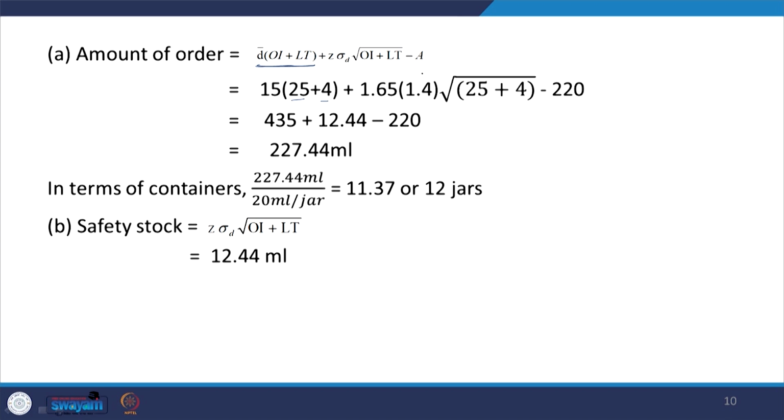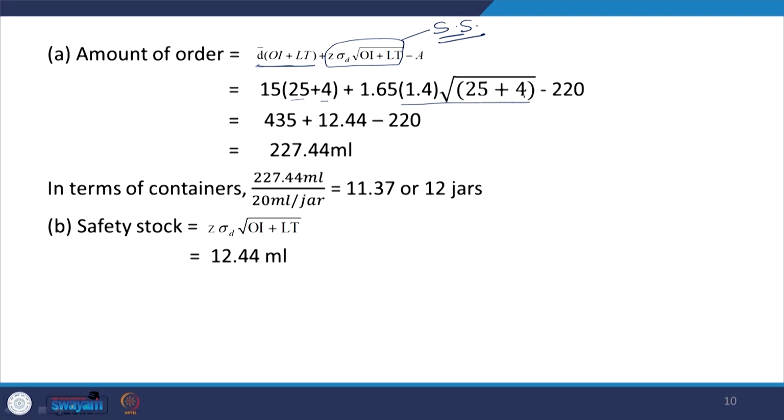Now, the second component of this formula is going to give me the safety stock, and since again you see I have the variation in daily demand, I am going to use, if you remember, the second case where I am going to get the variance of daily demand. Variance will be the square of standard deviation, and then I sum up for the entire protection period, and then I take the square root of that.